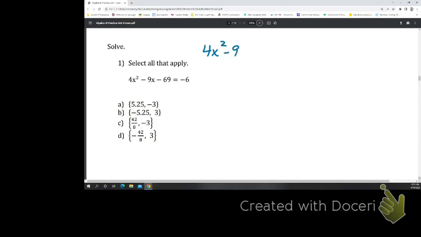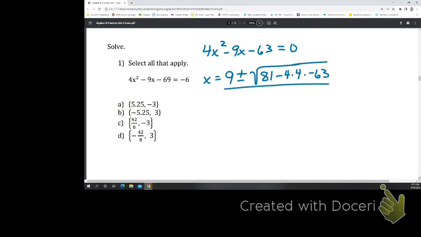So we would have to add the 6. And then opposite of b would be positive 9 plus or minus the square root of b squared. So 9 squared is 81 minus 4 times 4 times negative 63. All of it divided by 2a. So 2 times 4 is 8.